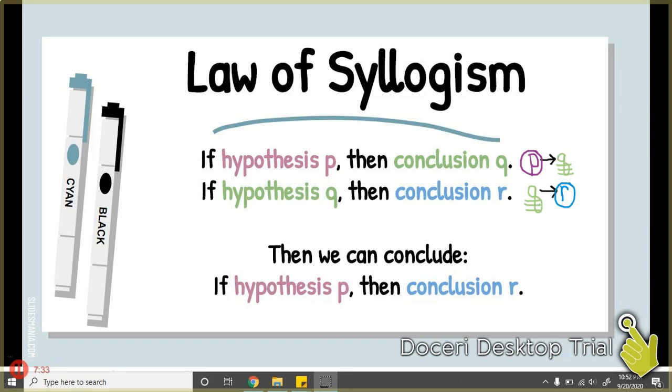So the conclusion of the first statement has to be followed by the hypothesis of the second statement for us to jump from P to R. So it's if P, then Q. Then I have a statement that starts with that conclusion. If Q, then R, then I can jump from P to R.